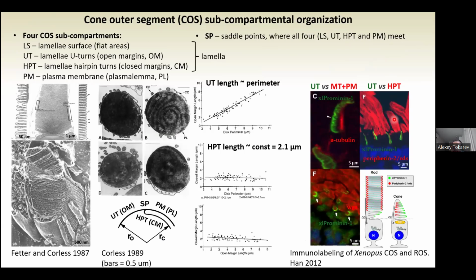Besides peripherins, there are other molecules with lower concentration, but due to this dense packaging of peripherin, there is no rhodopsin here at all.